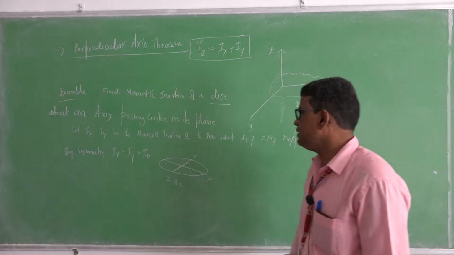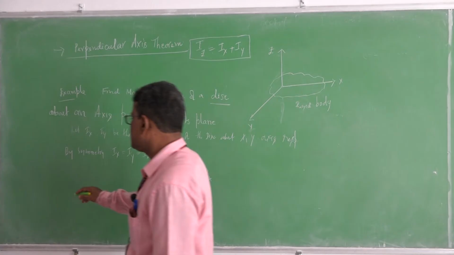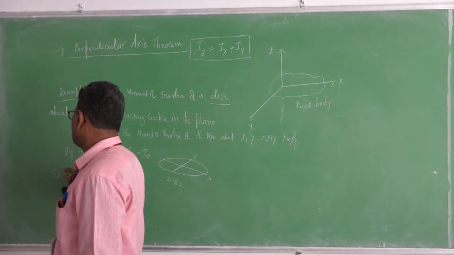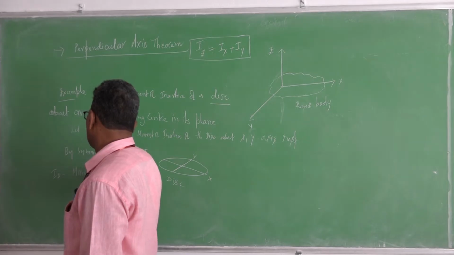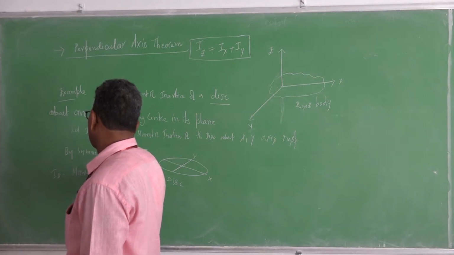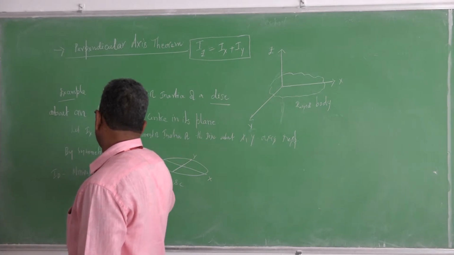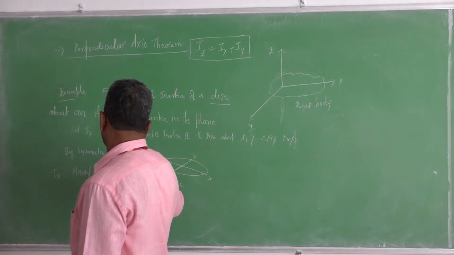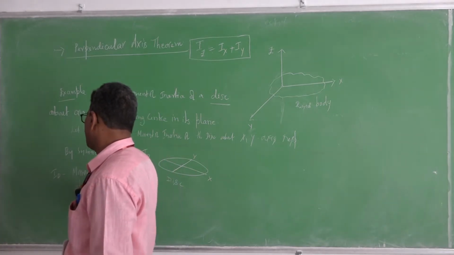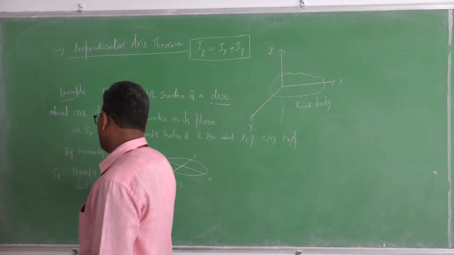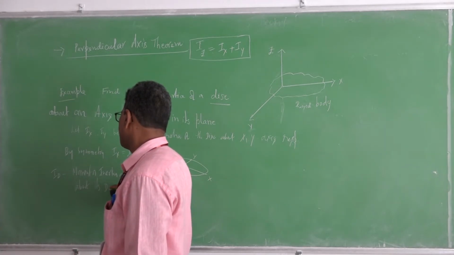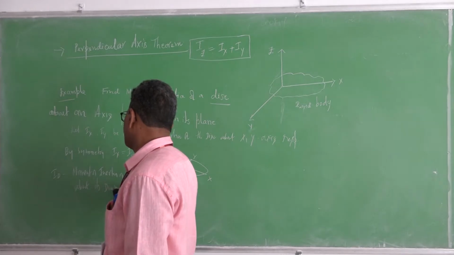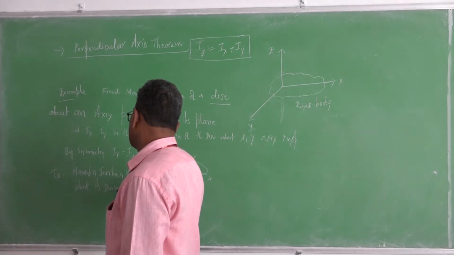What is Id? Id is the moment of inertia of the disc about its diameter, in its plane.